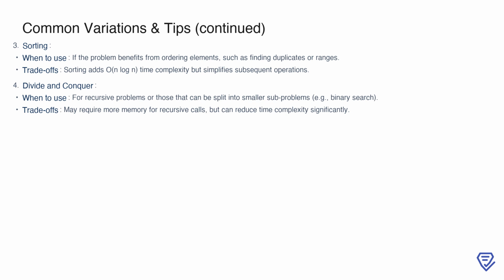The main trade-off here is that divide and conquer may require more memory for recursive calls, but it can significantly reduce time complexity. By understanding these trade-offs, you can better decide which approach fits the problem at hand. Each of these methods offers unique advantages, and knowing when and how to apply them can help you craft efficient and elegant solutions to a wide range of problems.